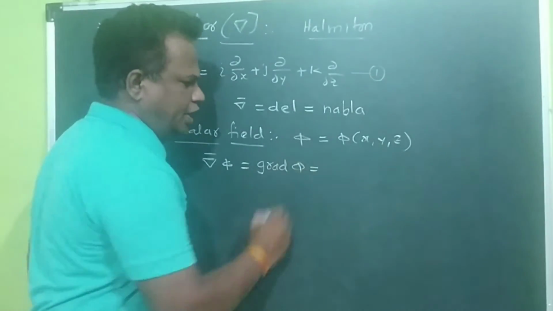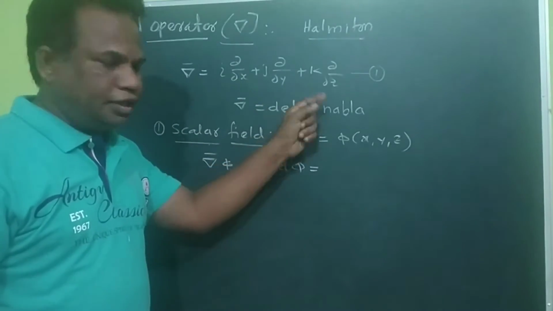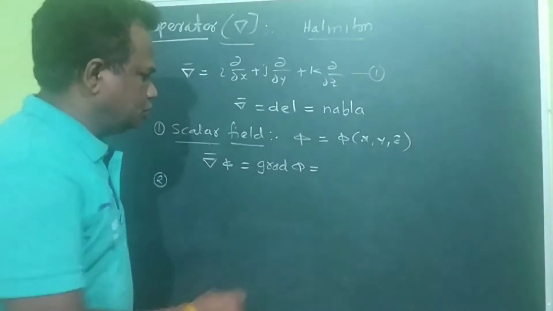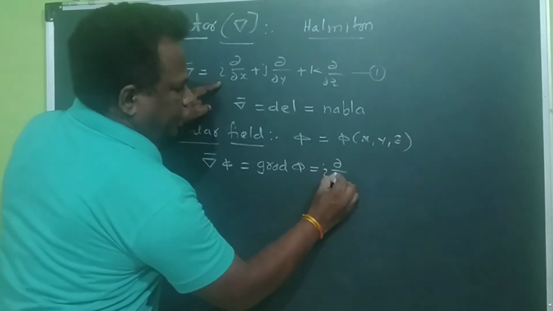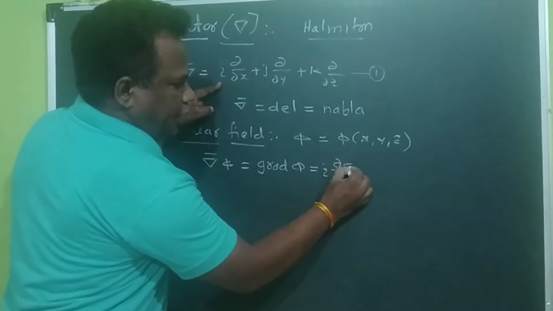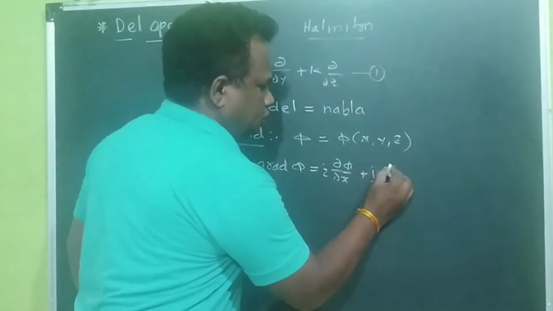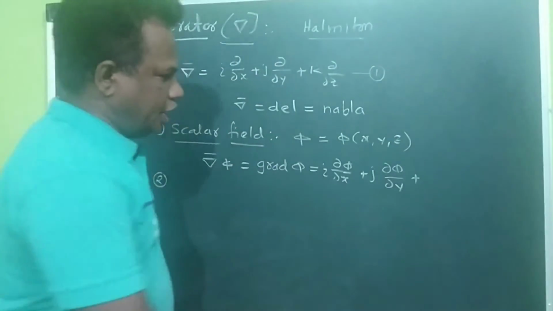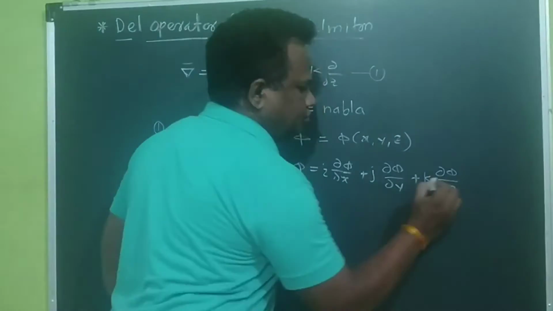Its value is given by writing del first, and then phi every time. So del phi is i ∂phi/∂x plus j ∂phi/∂y plus k ∂phi/∂z.